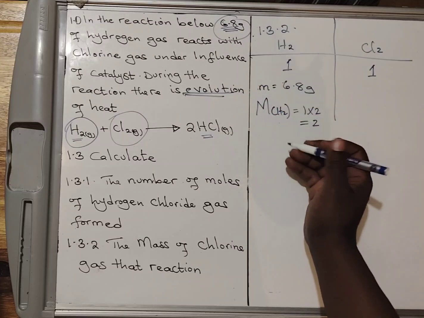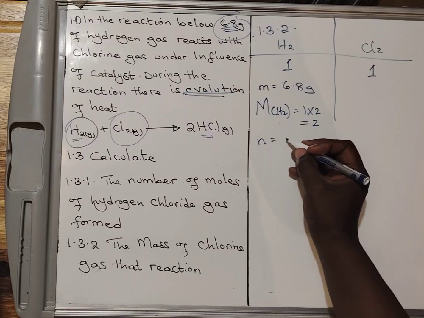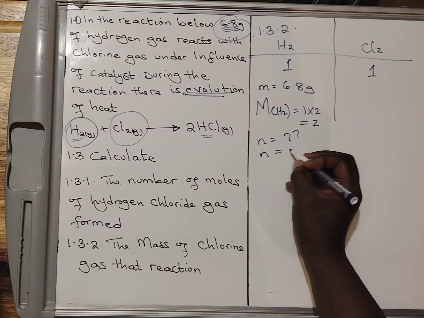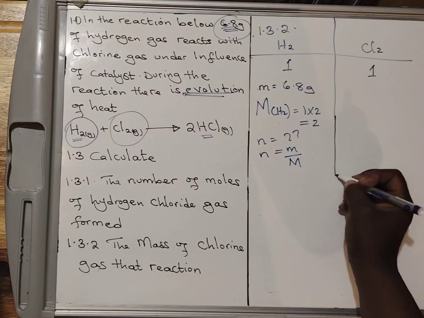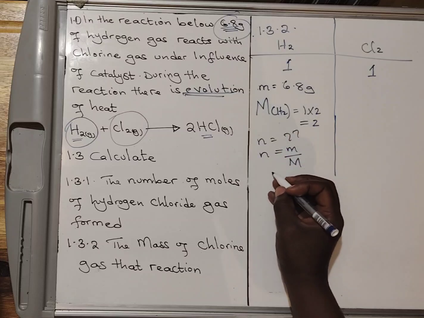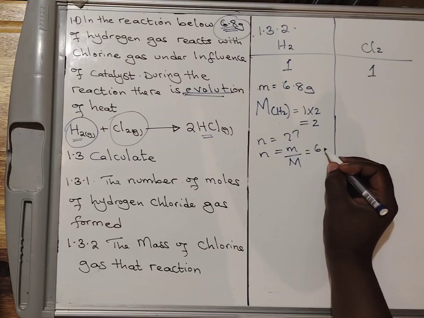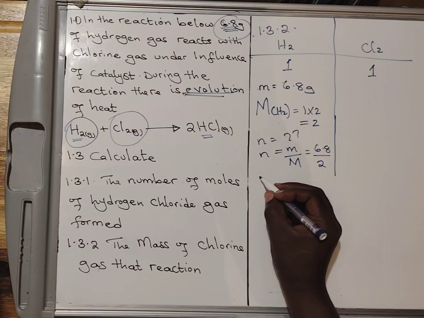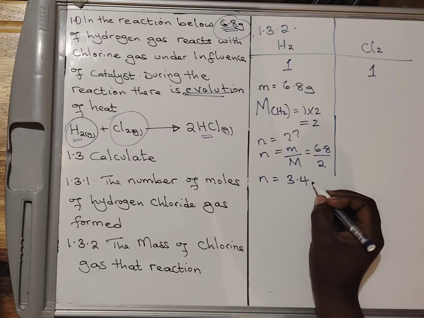Having the mass and molar mass gives you the number of moles as before. So N is equal to M over molar mass. Mass is 6.8 and the molar mass is 2. So what is our number of moles? It's going to be 3.4 moles.